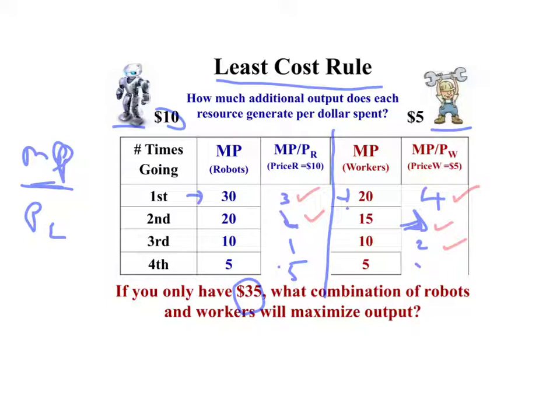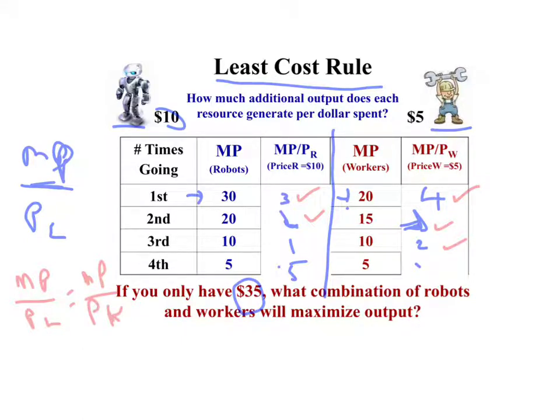Okay, and the idea here is that you're looking at the marginal product over the price of labor to essentially be equal to, for the very last dollar that gets spent, that very last worker and that very last capital resource that's purchased, there should be an even marginal product over price. So marginal product over the price of labor should be equal to the marginal product over the price of capital.